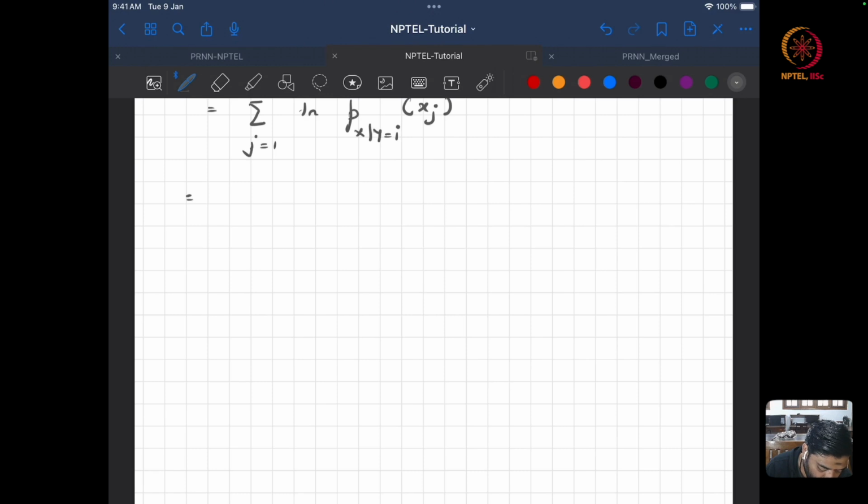This will turn out to be summation j equals 1 to n of minus ln of sigma i minus 0.5 ln of 2 pi minus (xj minus mu i) whole square divided by 2 sigma i square. There is a square here.